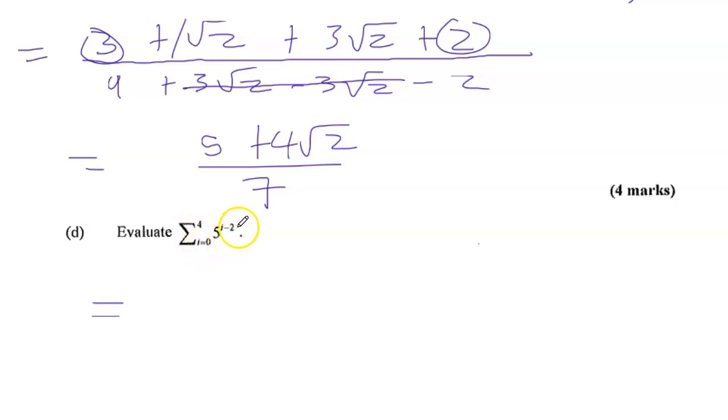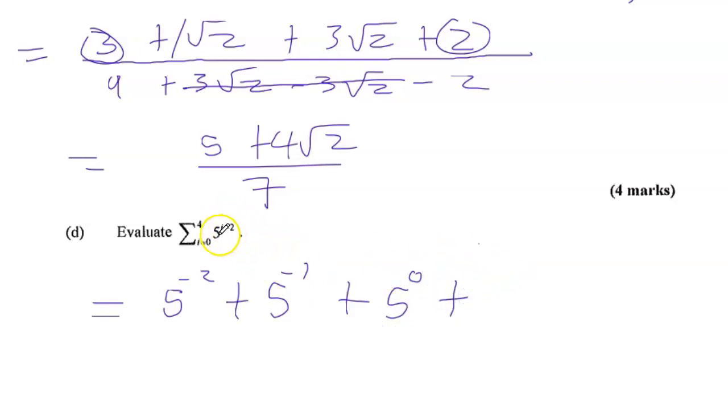So we sub 0 for the i, we get 5 to the power of 0 minus 2, which is 5 to the power of minus 2. We substitute 1 for the i, we get 5 to the power of 1 minus 2, that's 5 to the power of negative 1. We replace i now with 2, that's 2 minus 2, which is 0.